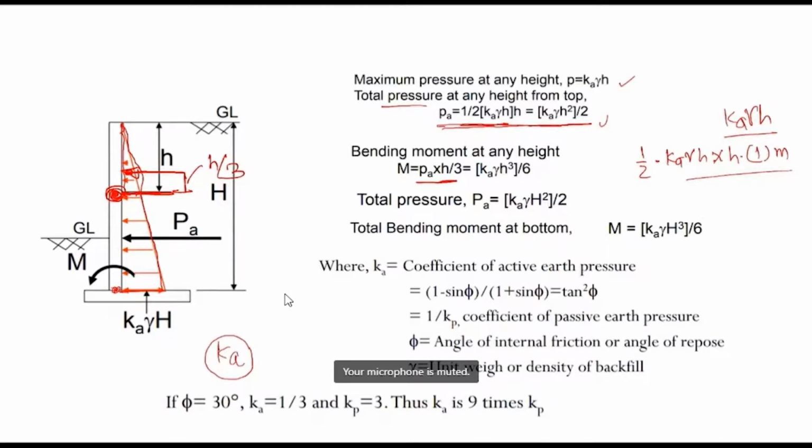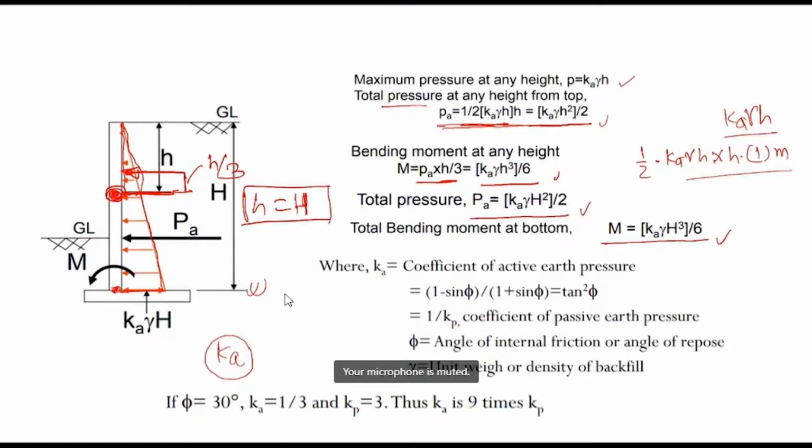So it will become Ka gamma h cube over 6. So the total pressure at the maximum height will become, with the similar equation, Pa equal to Ka gamma h square over 2. This is the total pressure, and the total bending moment will be this at height h.